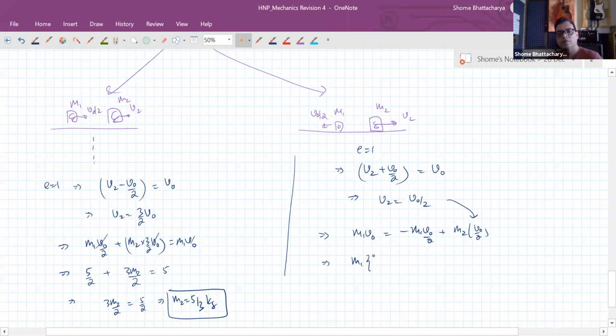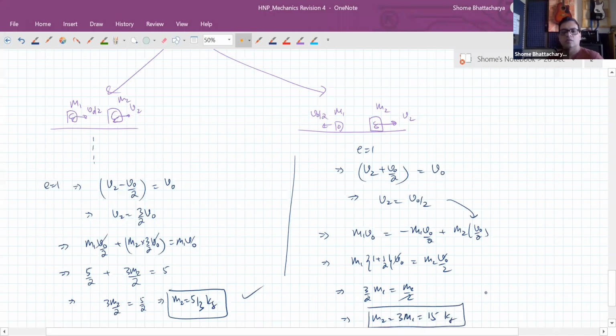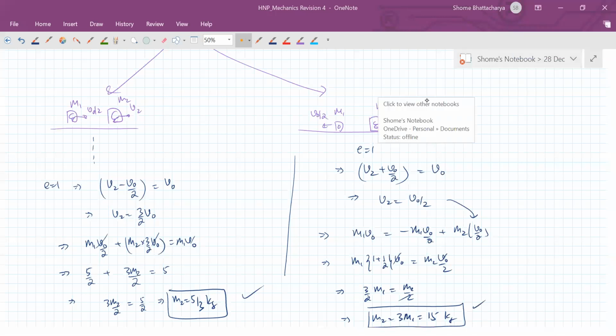So m1 into 1 plus half v naught is equal to m2 v naught by 2. So here the relation will become 3 by 2 m1 is equal to m2 by 2. So m2 will be 3 times m1, or 15 kg. And this is what you were getting? Yes, sir. Okay, so two possible answers.